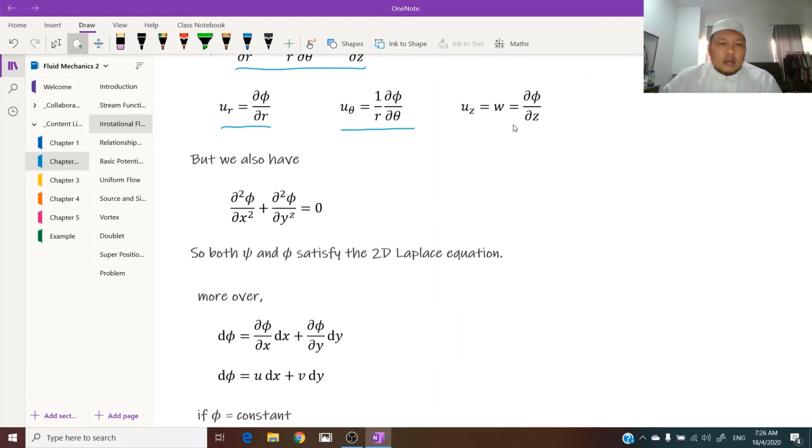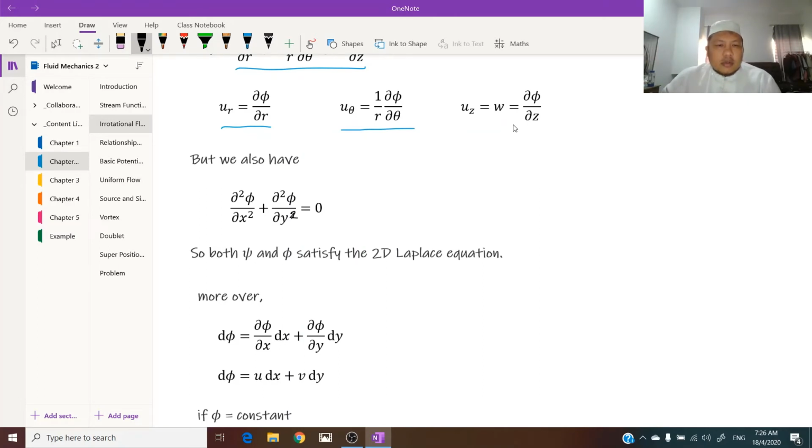Okay. Therefore, we also have del squared phi/del x squared plus del squared phi/del y squared, and this is equal to 0.